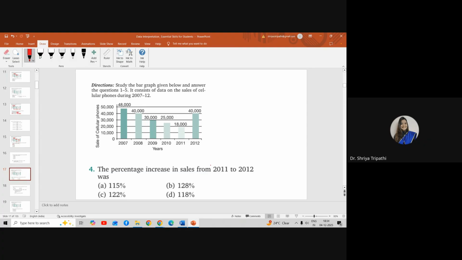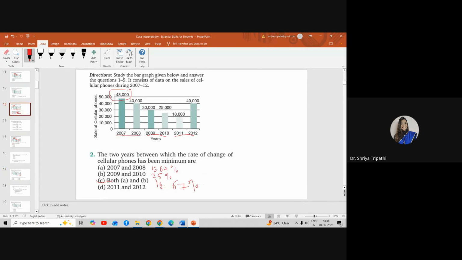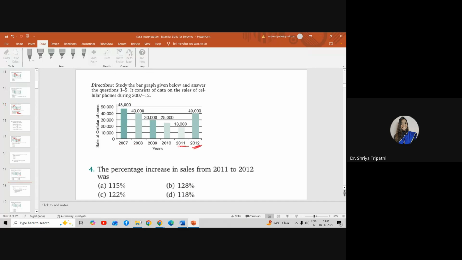Next, the percentage increase in the sales from 2011 to 2012 was, we just now discussed in the first question. The same question is being asked here. The percentage increase in the sales from 2011 to 2012 was?